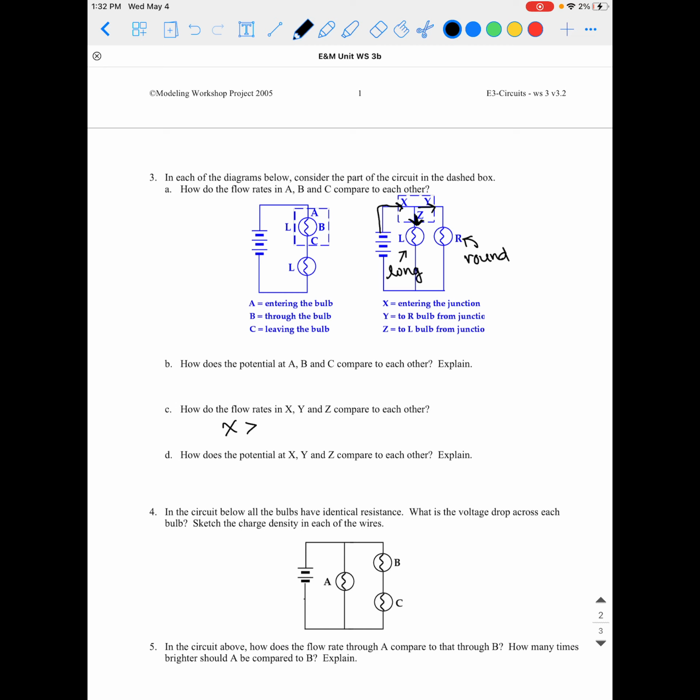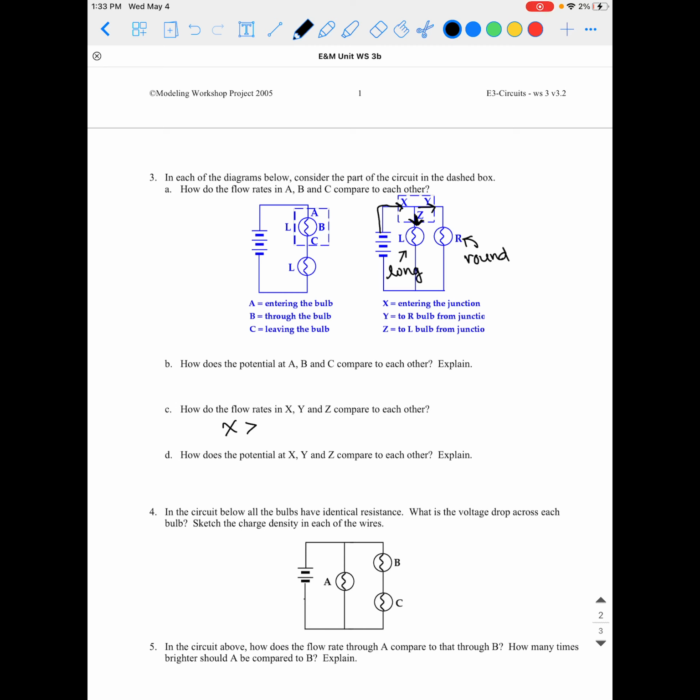Now, we don't know how they're going to split because we need to think about the resistors that are in each branch. So first of all, the round resistor is going to have the most flow because it is more open, if you think about round, versus a long resistor, which is going to take a lot longer for those charges to flow through, so it's going to have more resistance.